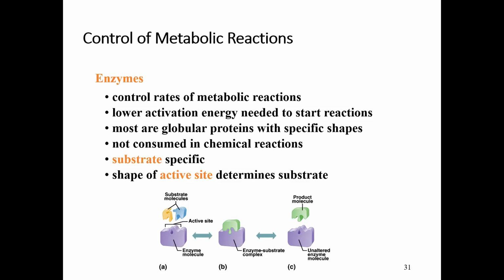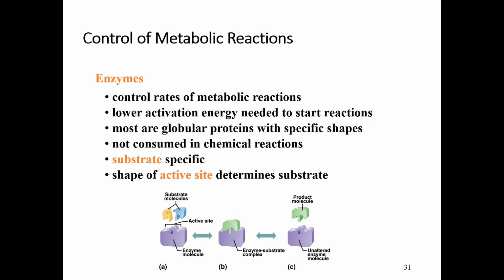We know what enzymes do. You don't need as much energy to start a reaction. What does an enzyme do? It floods the area where you want a reaction to occur. All it does is bring the reactants together, the substrates, in the enzyme, and a reaction occurs, and then the enzyme kicks out the new product and goes and does it again.